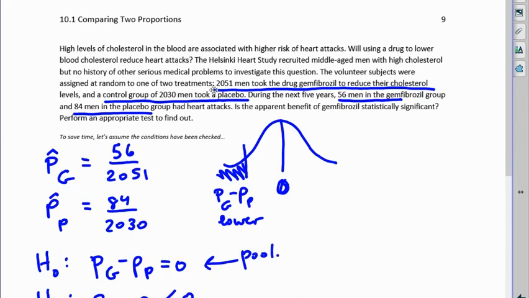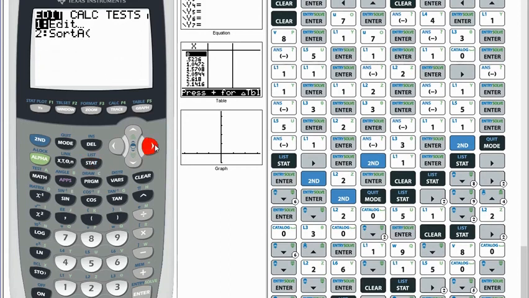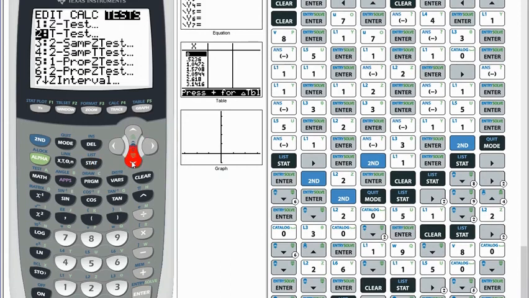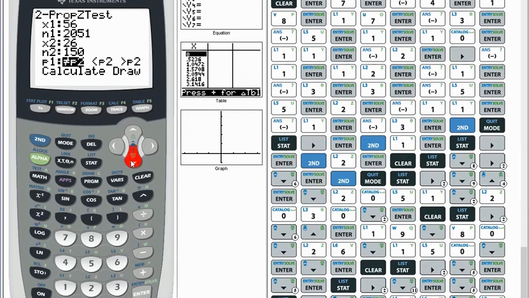And so let's see what the calculator says about that. Okay, so I've got my 56, 2051, 84, 2030.